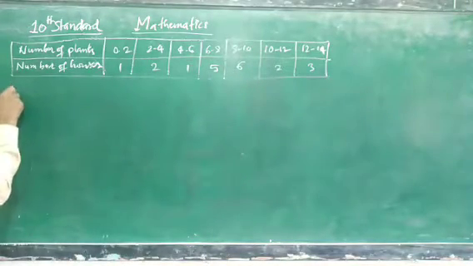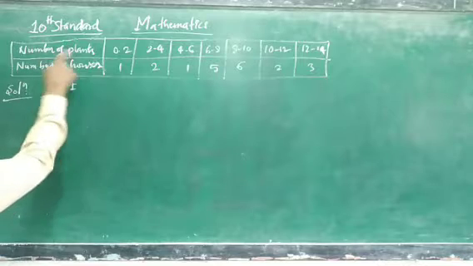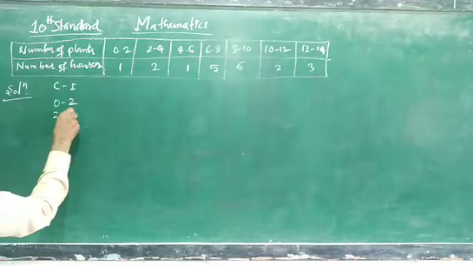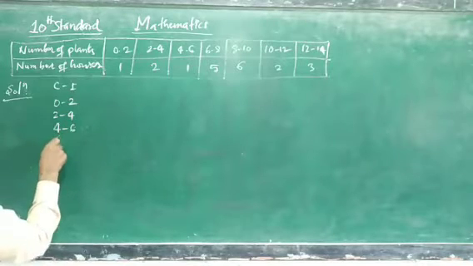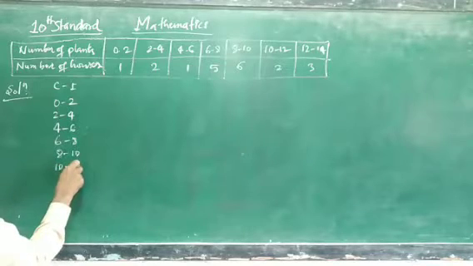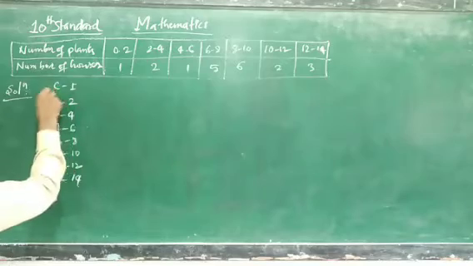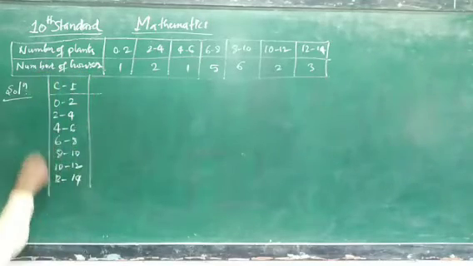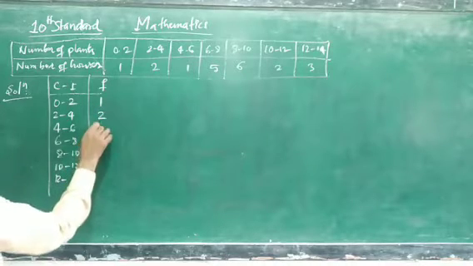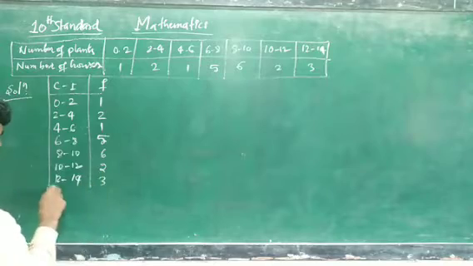In the solution, this is the class interval. Number of plants: 0 to 2, 2 to 4, 4 to 6, 6 to 8, 8 to 10, 10 to 12, and 12 to 14. Number of houses is the frequency: 1, 2, 1, 5, 6, 2, 3.